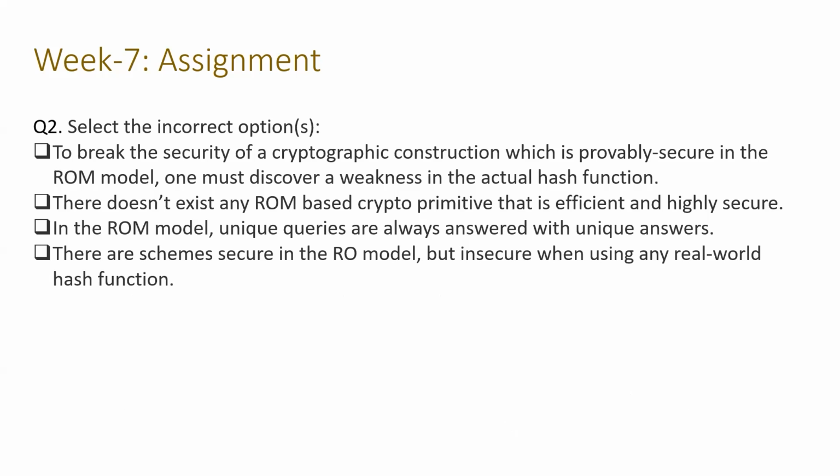What the random oracle model does is bridge the gap between provably secure construction and practically efficient construction, right? So if you can prove the security of some cryptographic primitive in the random oracle model, that means when you implement that scheme practically, you will instantiate that random oracle with some secure cryptographic hash function, right?